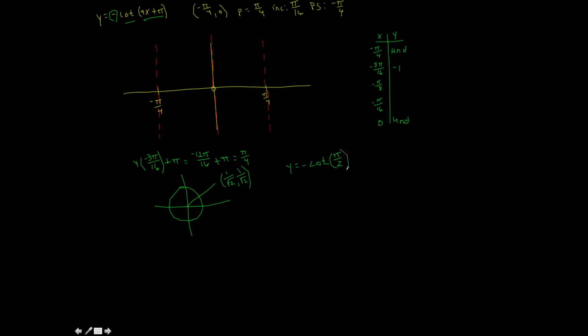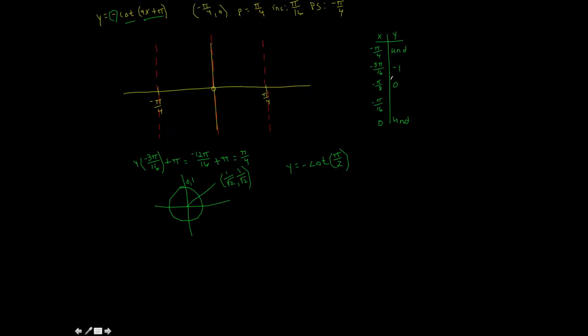So pi over 2 is here. That's the point 0, 1. So remember, it's x over y. So 0 over 1 is 0. So the cotangent of pi over 2 is 0. And it doesn't matter about the negative out in front for it, of course.